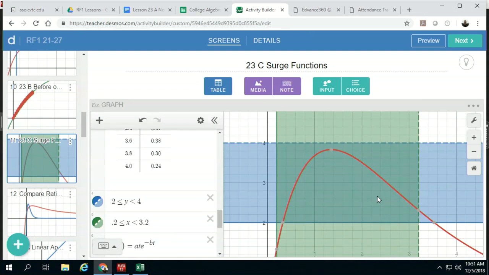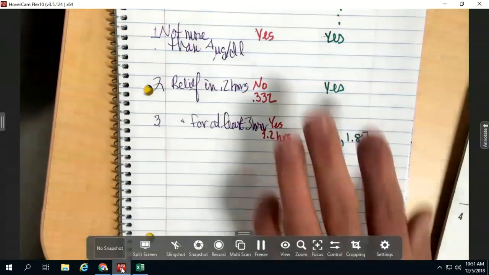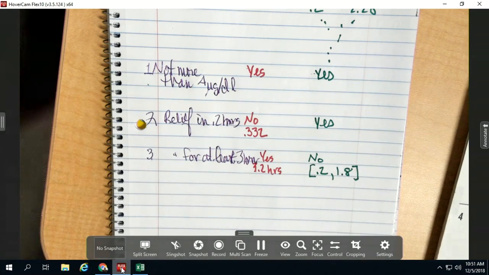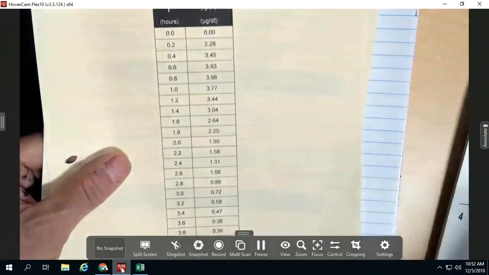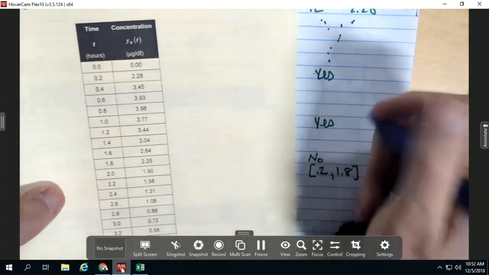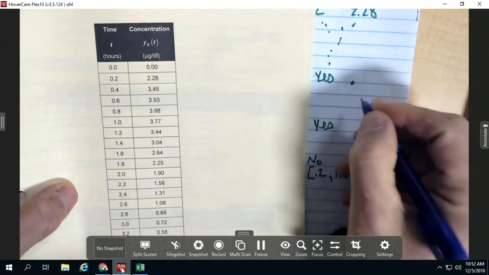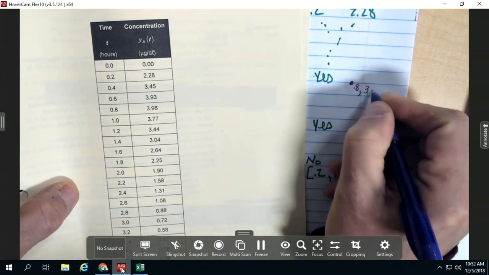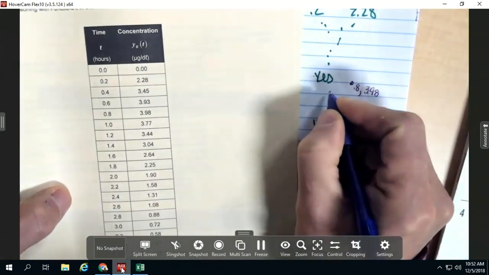Okay. Drug B. Did anybody have no for the first answer? Can you see why somebody would say no for the first answer? So I think it's kind of important. If you look here at the table, at 0.8, you're at 3.98.